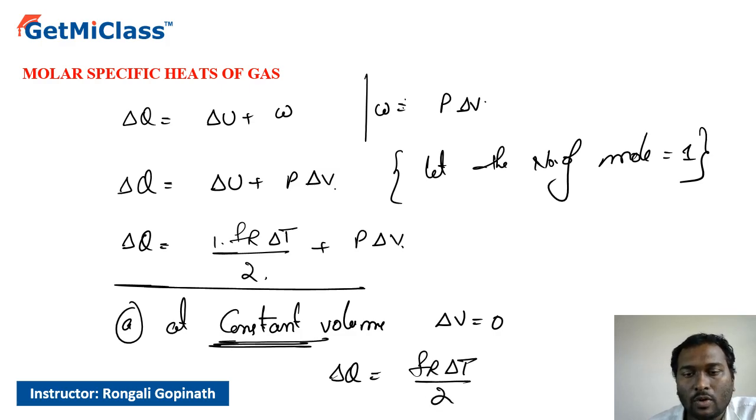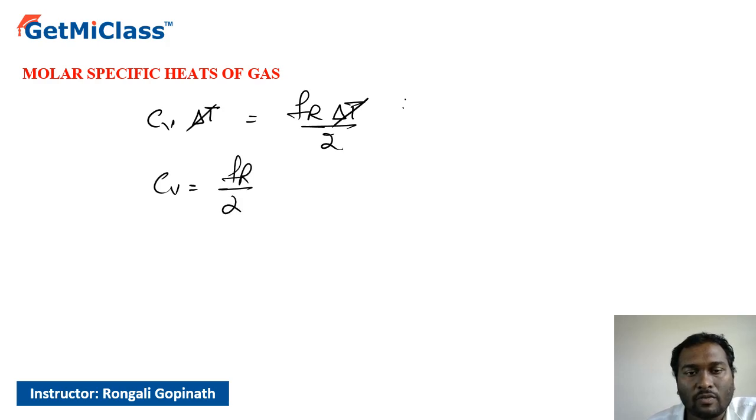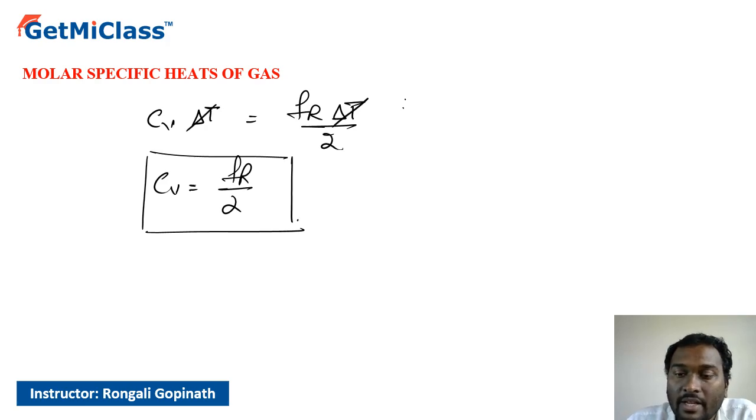But at constant volume, for 1 mole of a gas, delta Q is Cv into delta T, which we have done just now. So Cv delta T is equal to F R delta T by 2. Delta T gets cancelled on either side, so Cv is nothing but F R by 2. That is, molar specific heat at constant volume is given by F into R by 2. This is fixed for a gas having F degrees of freedom. Is it clear? Next.